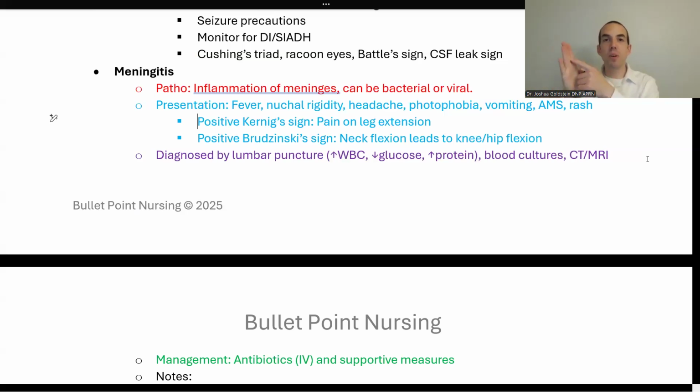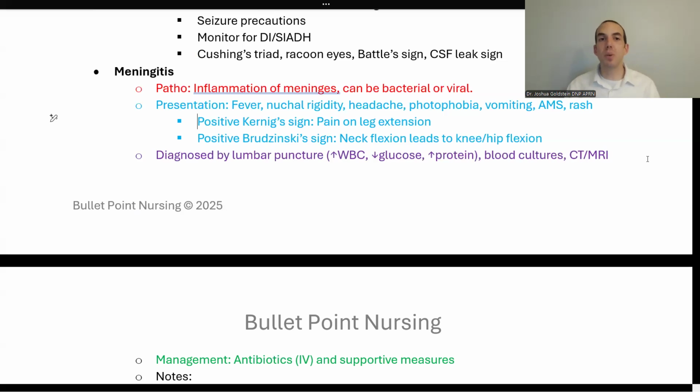You get one drop of fluid on your gauze, and a positive halo sign, or positive CSF sign, is where that dot becomes an outside ring of a yellowish fluid and an inside ring of the blood. The yellowish part sort of separates out. That's usually the sugar. It's a sign that what leaked out of the nose or ears actually contains CSF, cerebrospinal fluid, which means it's not just blood, which means the patient has some sort of traumatic injury to the brain itself to have CSF leaking out.